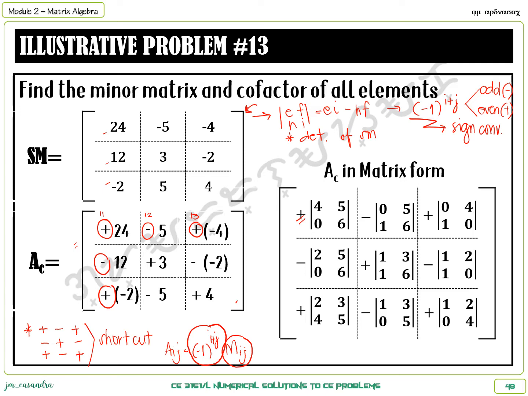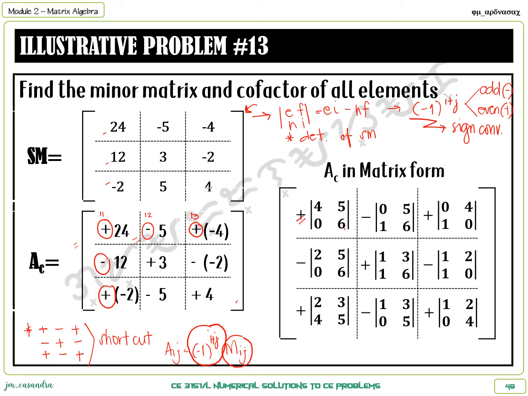You can also use this solution: write first in matrix form all of the minor matrices of each element, then just compute. So, 4 times 6 is 24 minus 0, it's 24, and this side is a positive value.